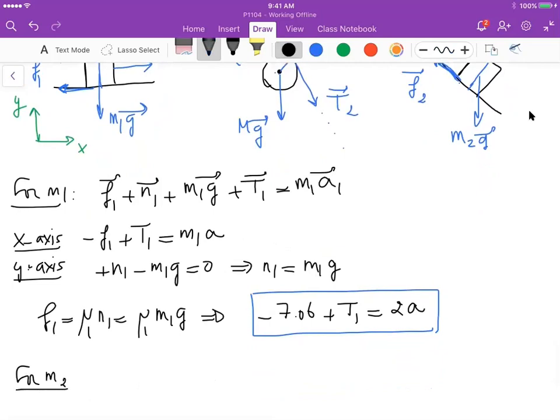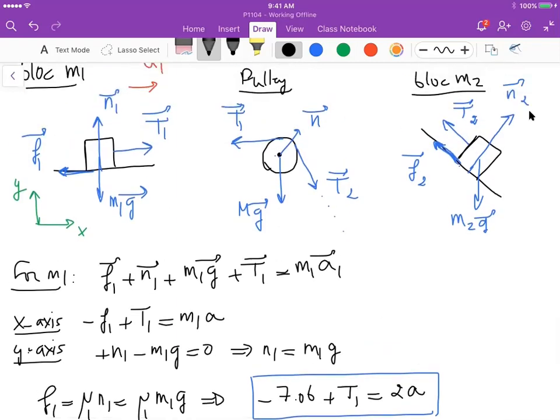Okay, so for the block M2, what do we have again? We have F2 plus T2 plus N2 plus M2G. This is the sum of external forces acting on the block M2, which is equal to M2 times A2. So again here, we're going to take the X and Y axis.